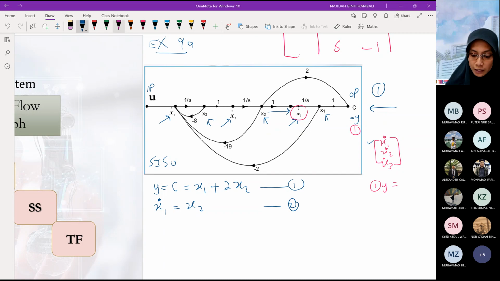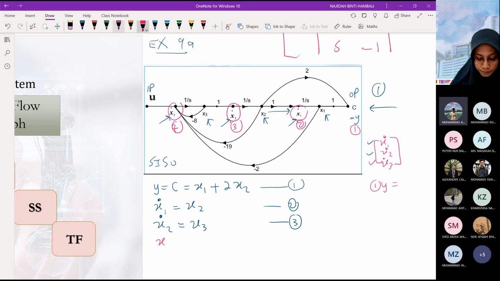Then kita cari X2 dot. So X2 dot sama dengan X3. Very good. This is our third equation. Okay. Now kita cari X3 dot. X3 dot sama dengan negatif 8X3.